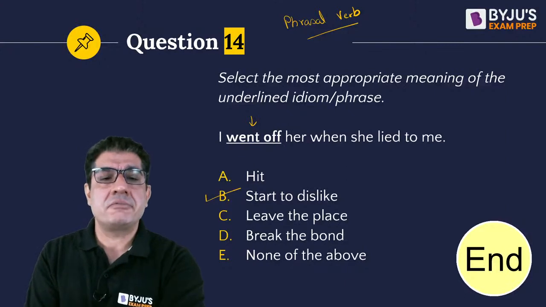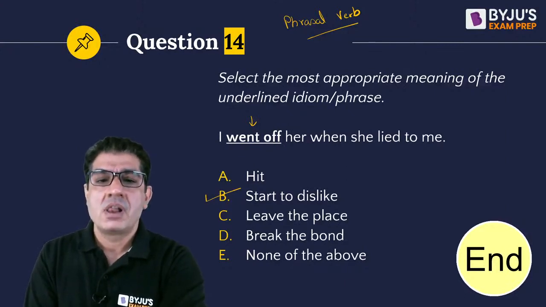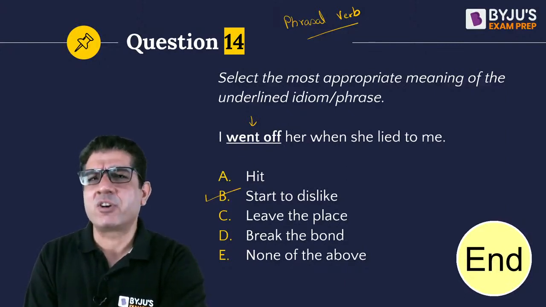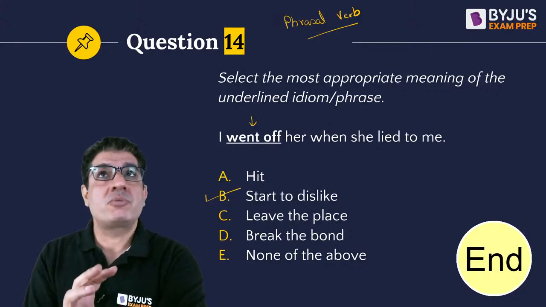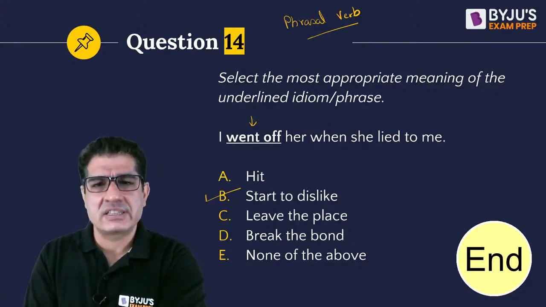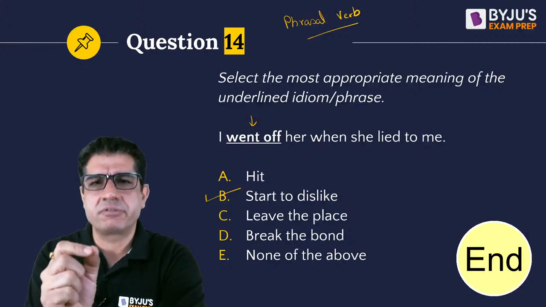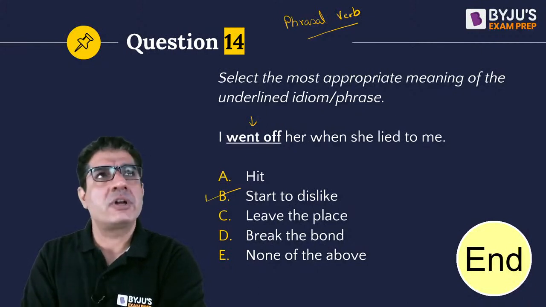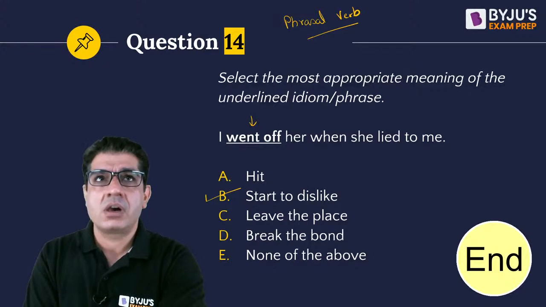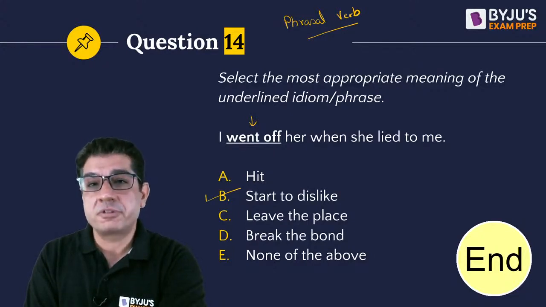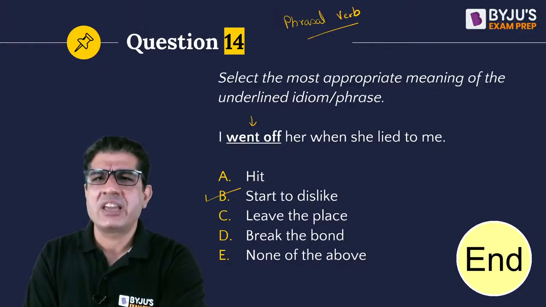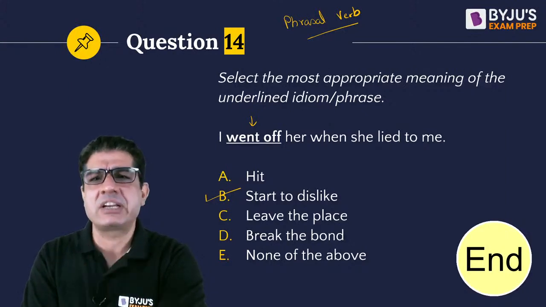So basically, when you stop liking someone or something, or when you stop being interested in someone or something, then you can use the phrasal verb go off. For example, I went off burgers when I got food poisoning from a burger that I picked up from a takeaway.